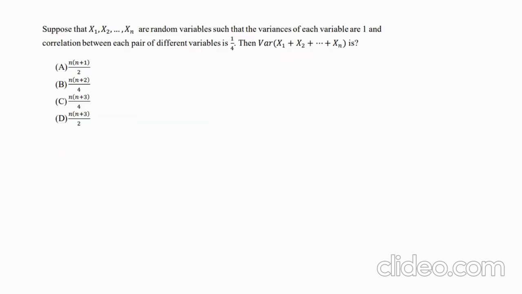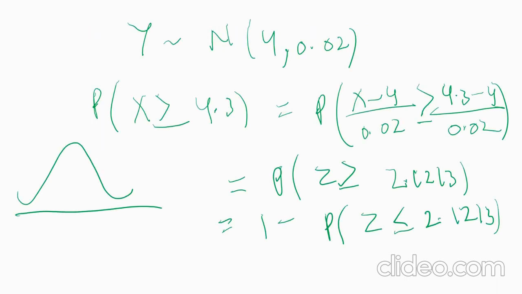So if we want to find the probability of greater than, we can simply do 1 minus this, right?